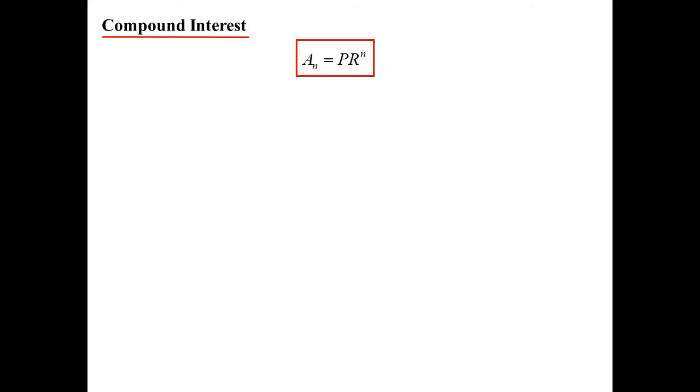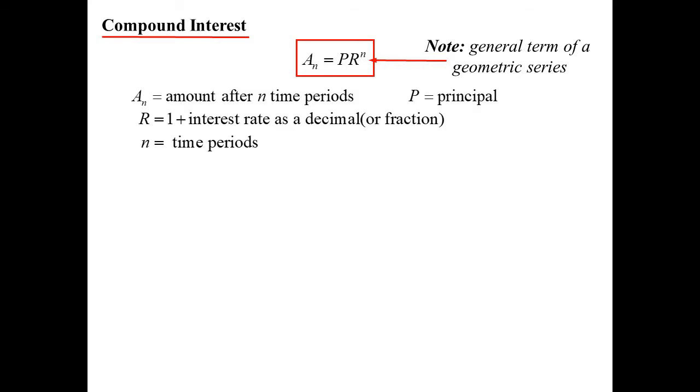Amount N is PR to the power of N. What you'll notice here is that it looks very much like the general term of a geometric series. Hence why this application is in our topic on series, because it is a geometric series.